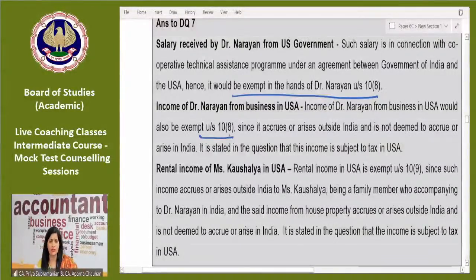In case of Ms. Kaushalya, she had not come for this purpose. She is just accompanying her husband, and she has also become resident of India. However, Section 10(9) provides for exemption.